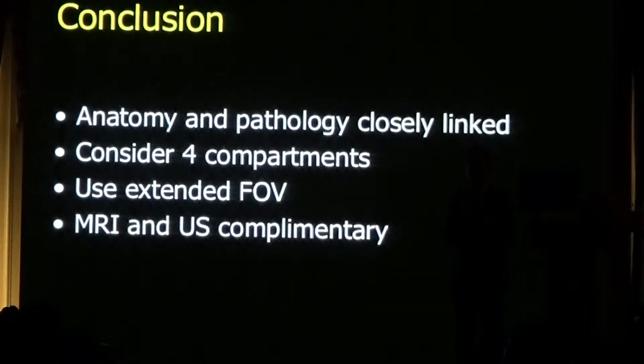Is there a problem with the patellar tendon? Is there a meniscal cyst? And so even though the joint may seem very vast and with complex anatomy, often it's a very specific question that's being asked. Use extended field of view, and remember, think of MRI and ultrasound as complementary. Thank you for your attention.